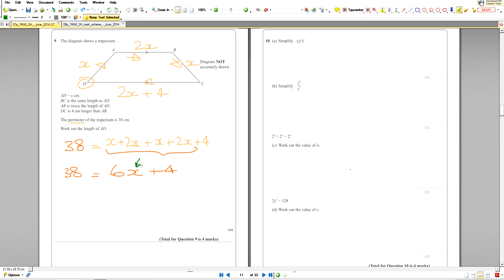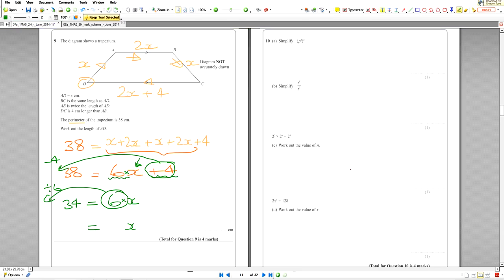So x is here. It's been timed by 6, that's the first action. And then add 4 is called the second action. We always move the last action first. So the opposite of add 4 is minus 4. What's 38 minus 4? 34 is equal to 6x. And then the opposite of times by 6 is divide by 6.